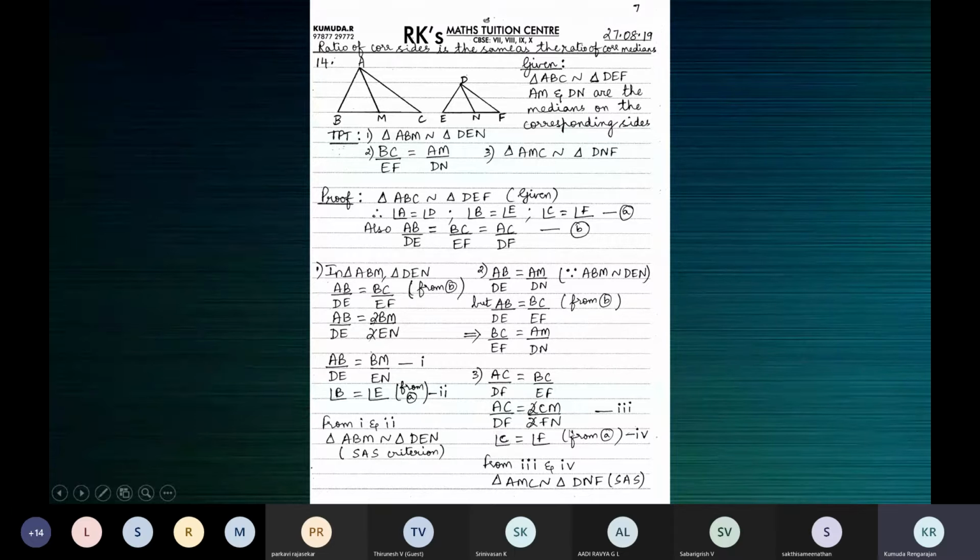The denominators DF, FN are the sides of the other triangle. So you can call the first triangle ACM and the second triangle DFN. That is also a correct order. ACM, DFN.